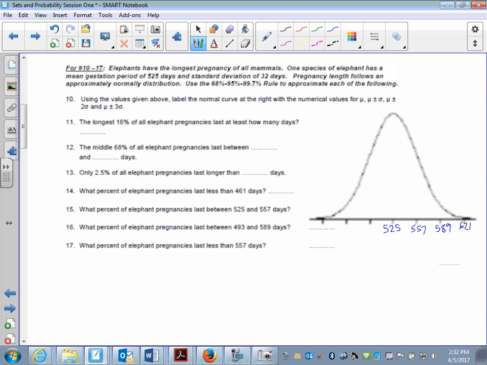If we subtract 32 from 525, we have 493.